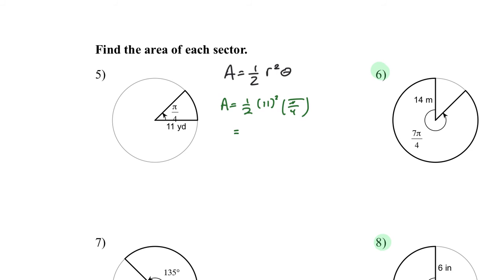So this is 121 pi over 8. Remember, I have a 1/2 here. So multiplying 1 times 11 squared times pi, and then 2 times 4. And then here it is yards squared, right? Because I'm squaring the radius. So I got 11 yards squared. Anytime that we have area, my unit is going to be squared.